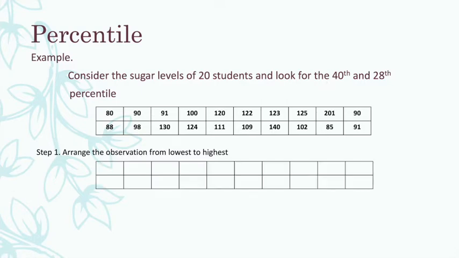The first number is 80, followed by 85, 88, 90, another 90, so there are two 90s in the given. Then 91, 91, 98, 100, 102, 109, 111, 120, 122, 123, 124, 125, 130, 140. Then the last number is 201.